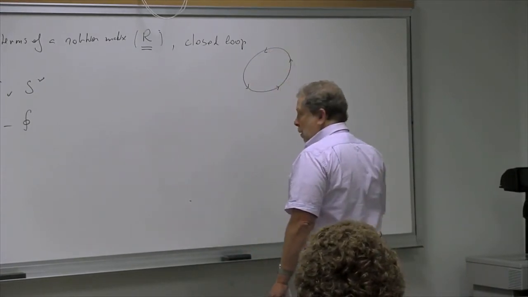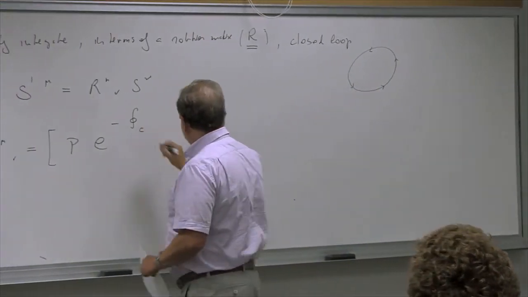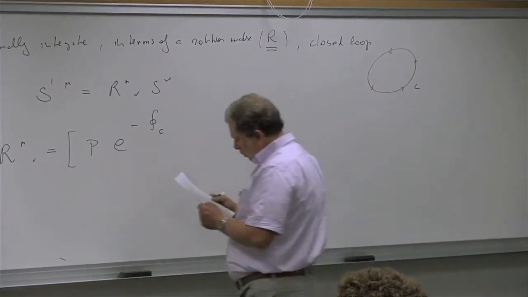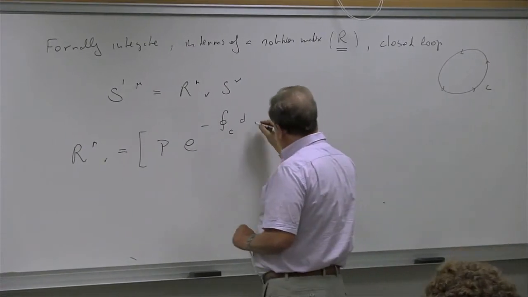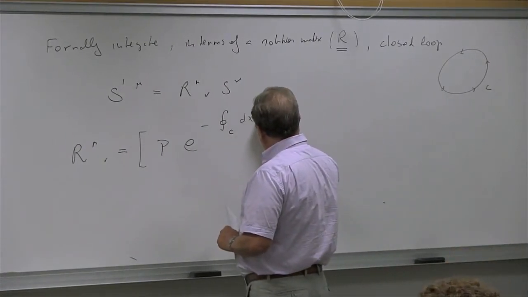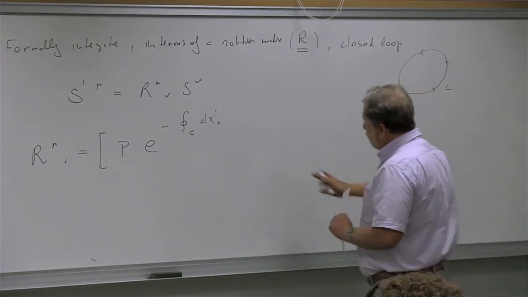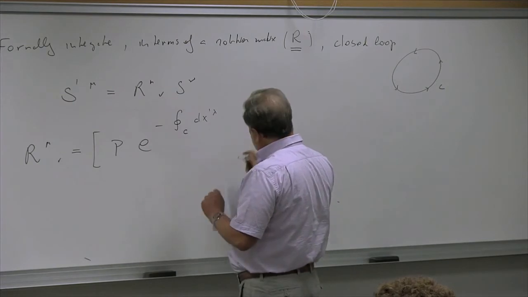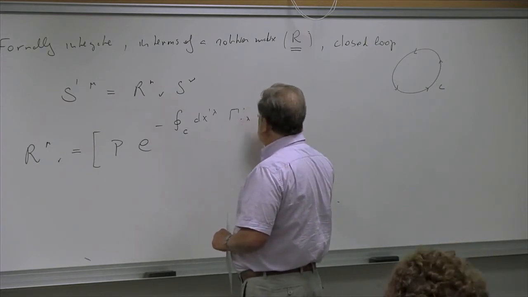And so we can write this as a path-ordered product along this path C of dx prime lambda times gamma lambda with some indices.